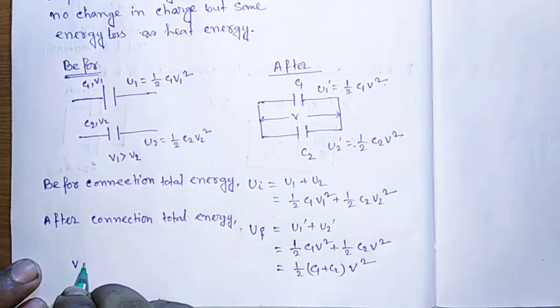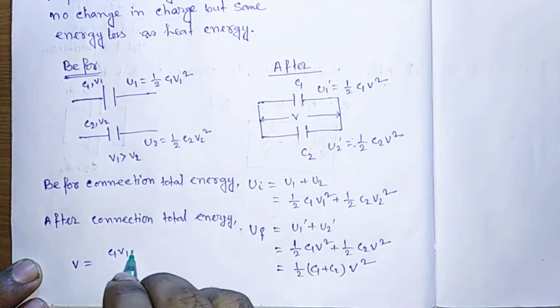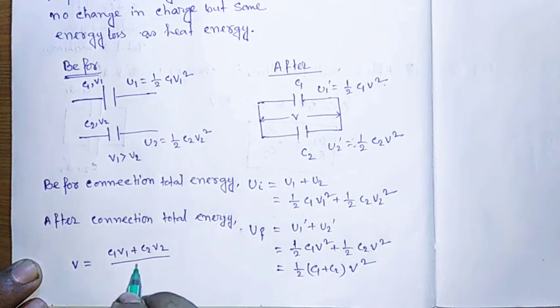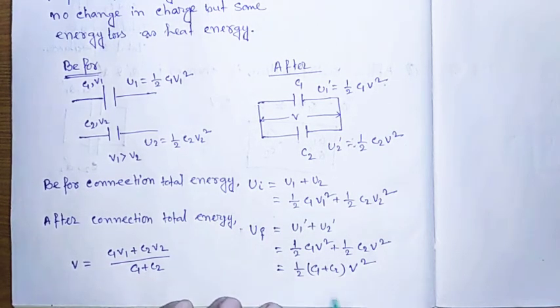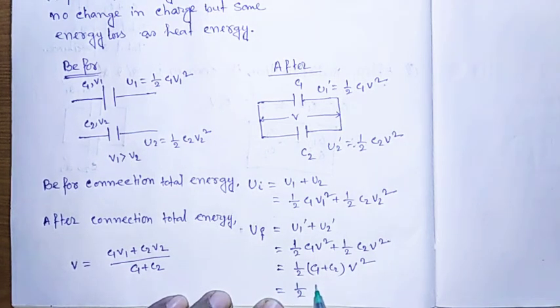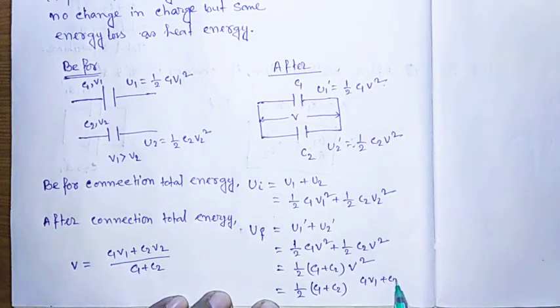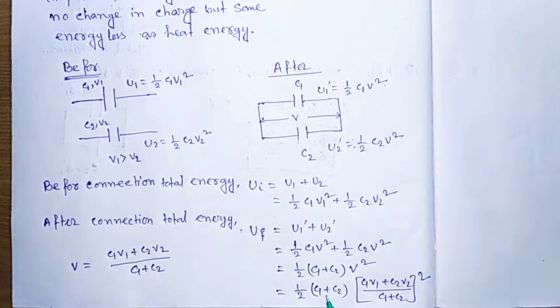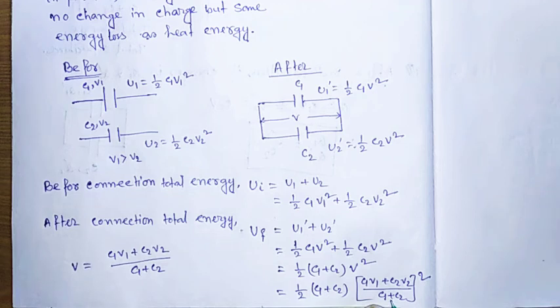Now V is the common potential. V is equal to, we know, (C1 V1 plus C2 V2) divided by (C1 plus C2). So half (C1 plus C2) into (C1 V1 plus C2 V2) divided by (C1 plus C2) whole square. So (C1 plus C2) divided by (C1 plus C2) whole square, here remaining C1 plus C2.